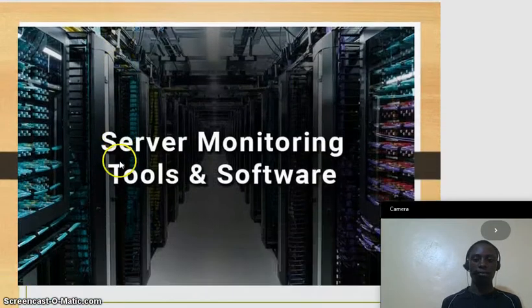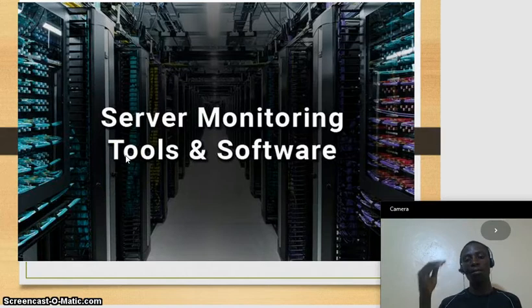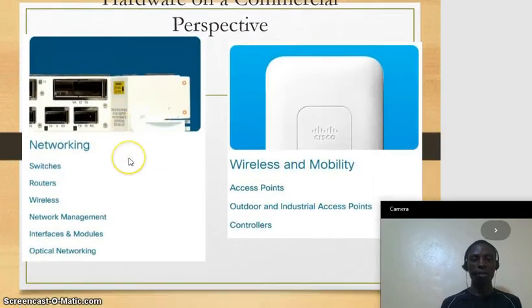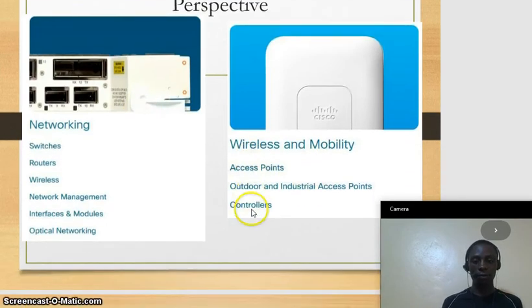For example, here we have a server monitoring tool, tools and software. These are servers, network servers. On these servers there is storage of different information, so it is a combination of hardware and software together. Let's look at the hardware from a commercial perspective itself, the networking and the wireless and mobility.